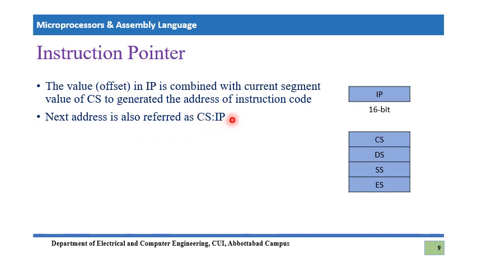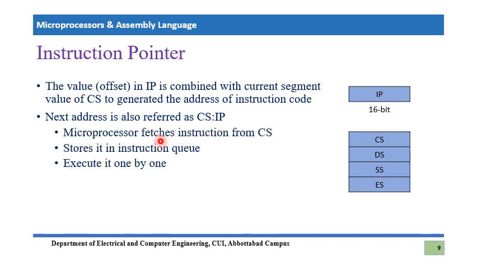This is a very unique addressing method of the 8086 and 8088. It is normally referred to as a logical address, but we will deal with that in physical address generation. For now we know that this unique kind of address, CS colon IP, is the address of the next instruction that the microprocessor is about to fetch.